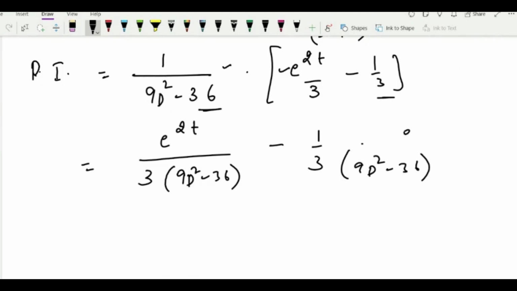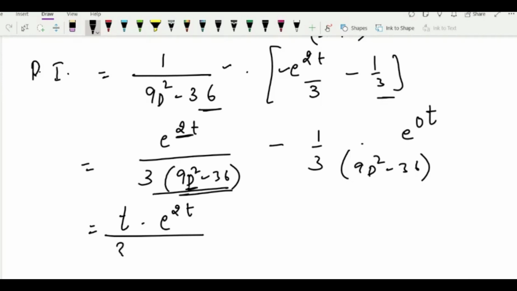In this case we can write e raised to power 2t, and when we put D is equal to 2 here, this will become a case of failure. You can see from here 9 fours are 36 minus 36 is 0.